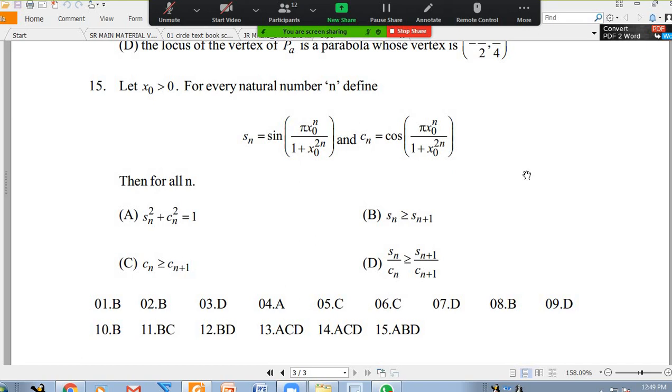Okay, they gave the angle as pi into x naught power n by 1 plus x naught power 2n. Pi into x naught power minus n by x naught power. As n changes, is this increasing or decreasing?